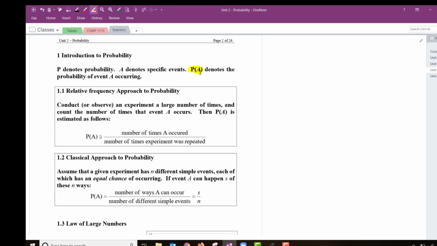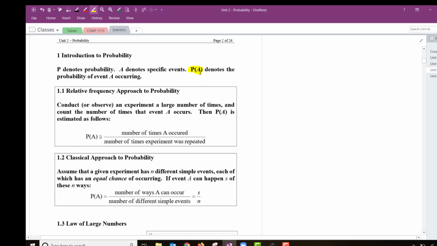But for this particular unit, we start out just playing with games. We'll talk about dice and cards and coin flips and such, because that's where this stuff initially originated from. So we'll follow the footsteps of how it was developed.